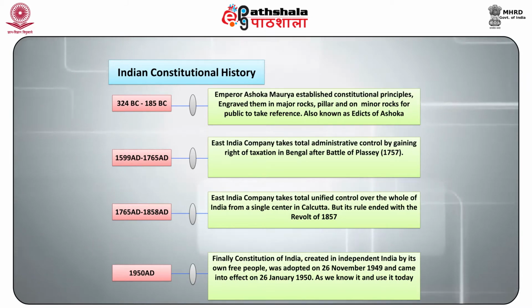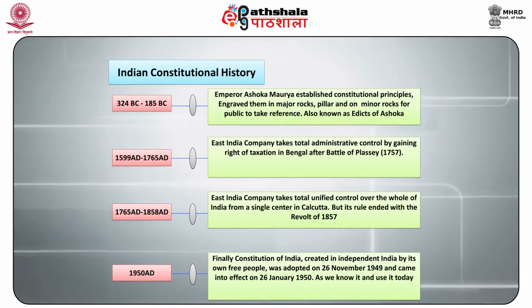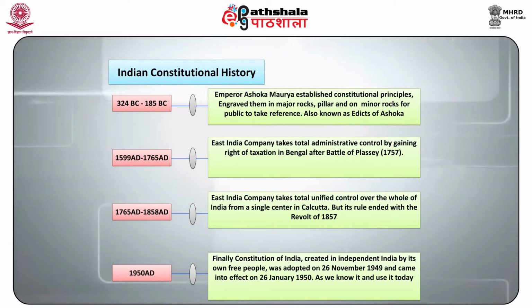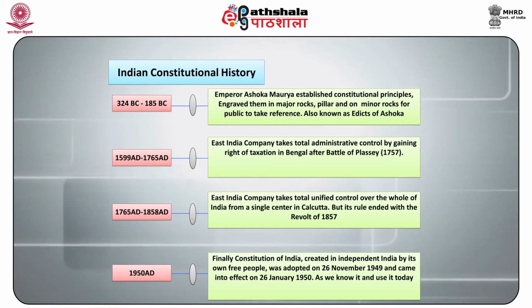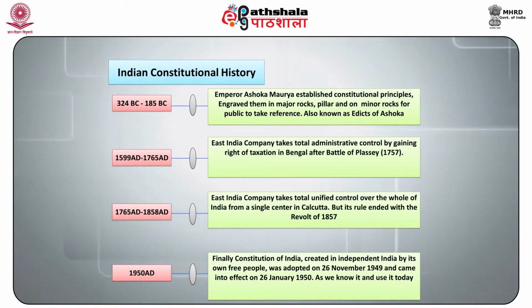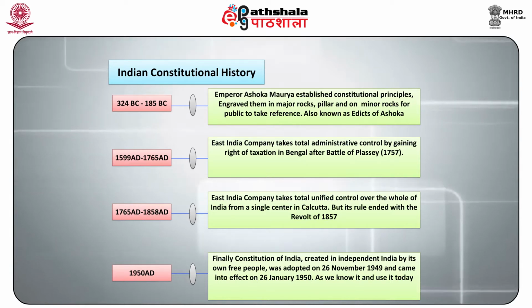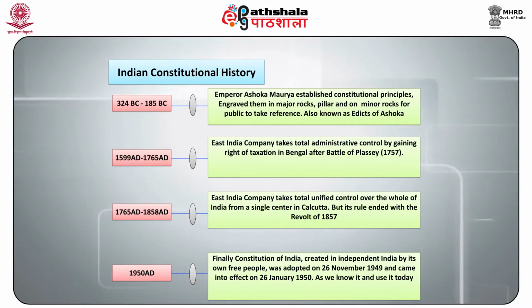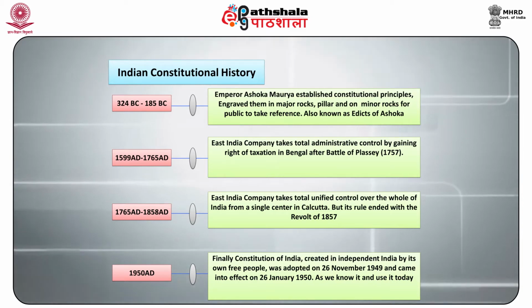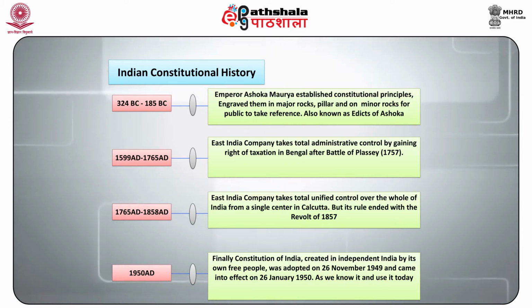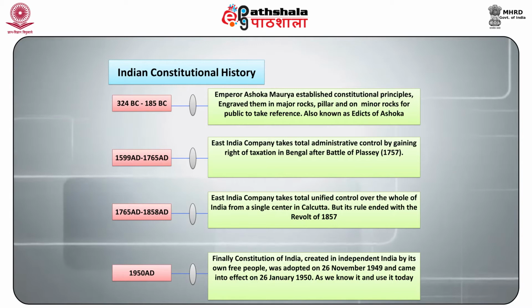East India Company takes total unified control over the whole of India from a single center in Calcutta, but its rule ended with the revolt of 1857. Fourth phase is from 1858 AD to 1947 AD. This period of the British Raj was the time when the Constitution of India took shape.